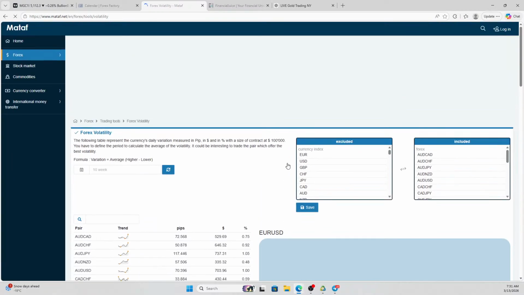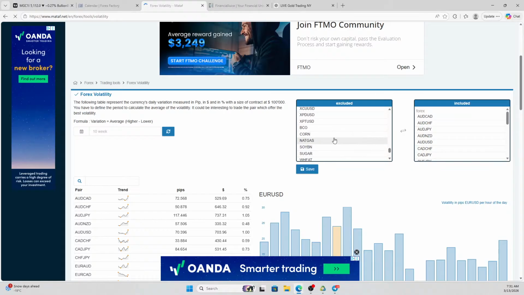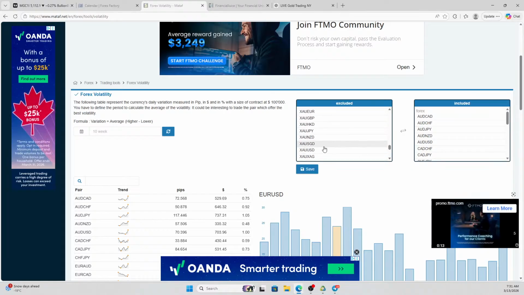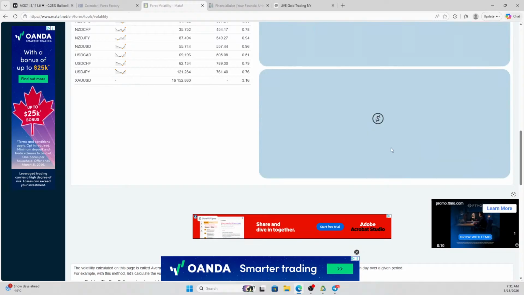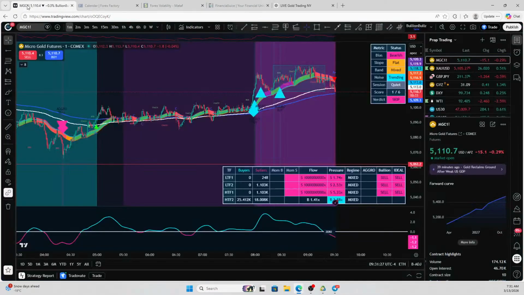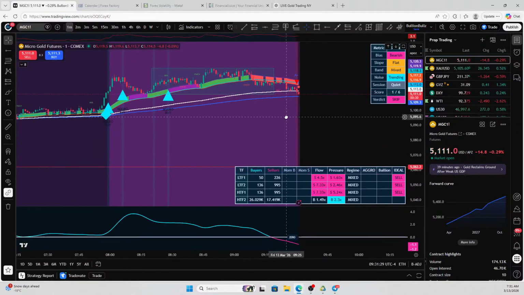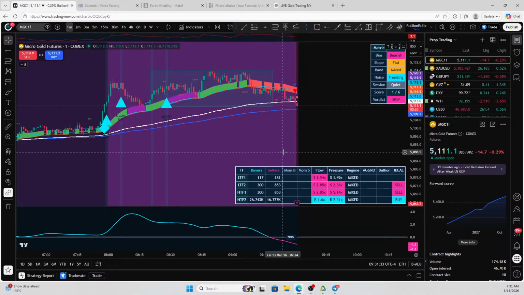Other than that, let's go quickly to our volatility and see which hours of the day gold is most volatile. We do this practice every single day when we start our live stream. Okay, so we see the current hour is the most volatile hour, at 7 a.m. We're seeing an opportunity build up here, but we're not going to be taking it because we have news coming out, so this is going to be a low probability setup.